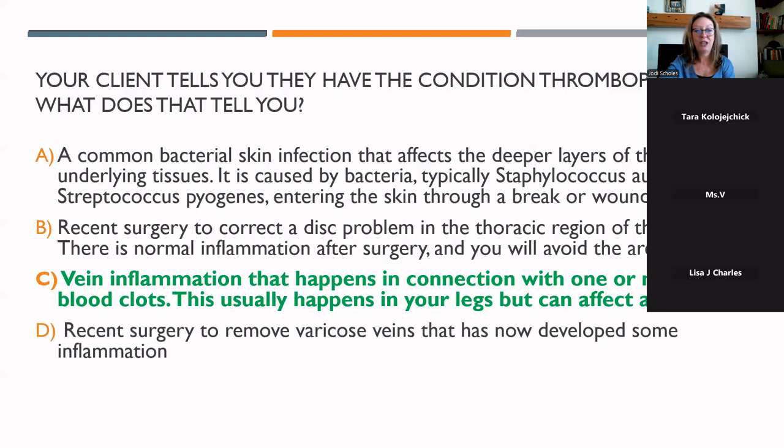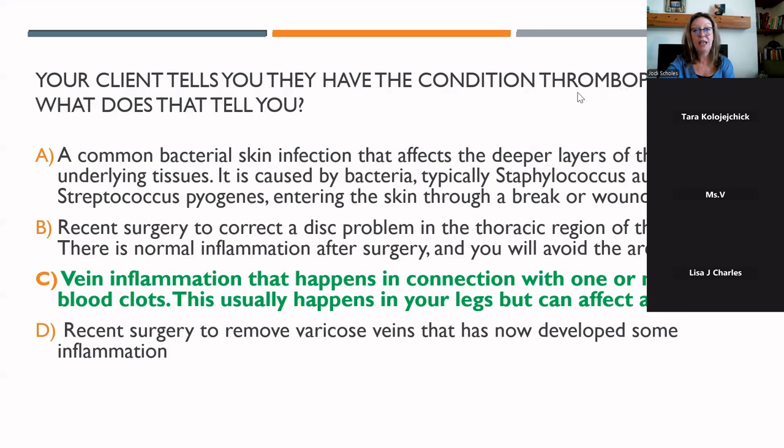Vein inflammation that has happened in connection with one or more blood clots. Usually happens in the legs, but can affect any vein. So, itis, that is inflammation. So it has to be C or D, not infection, right? Phlebitis, blood, thrombo, clots. Clots in the blood.